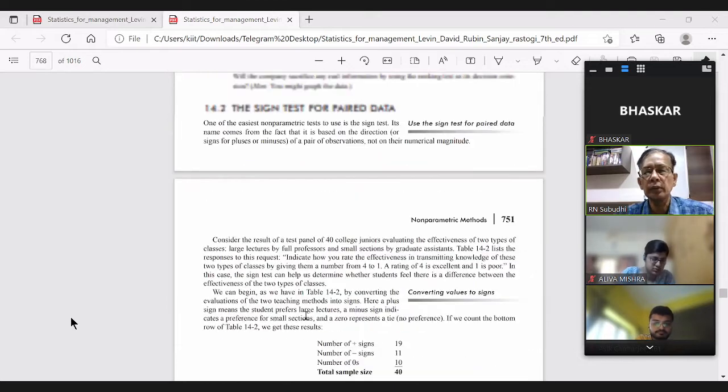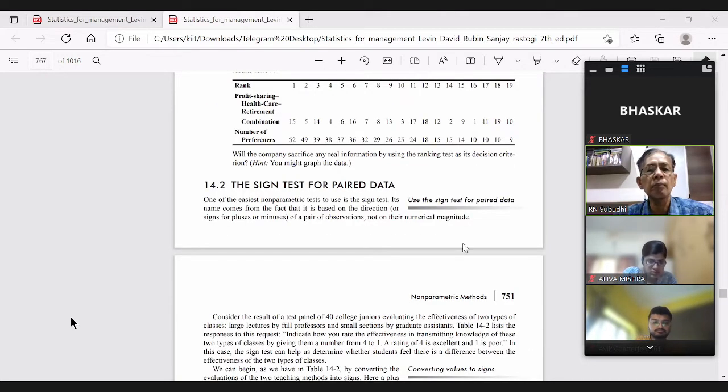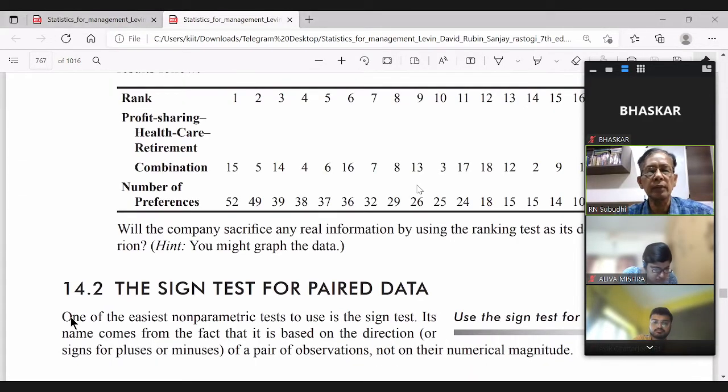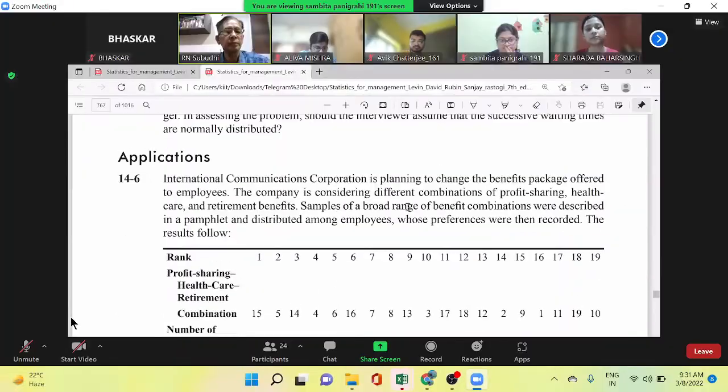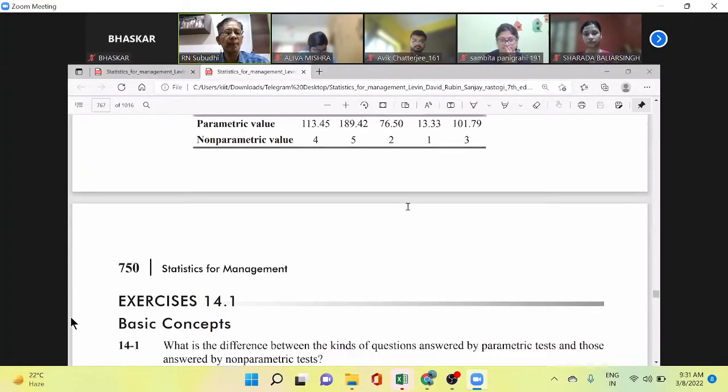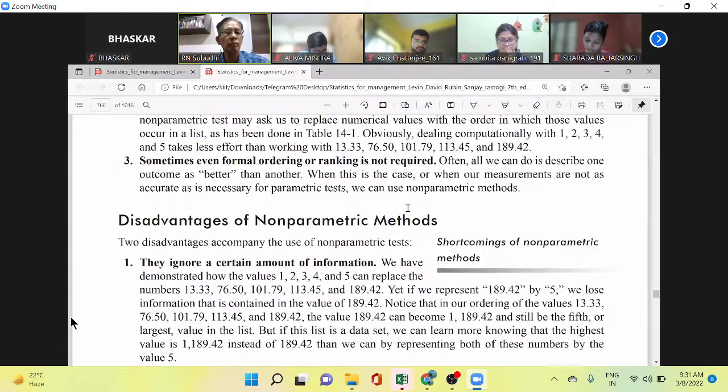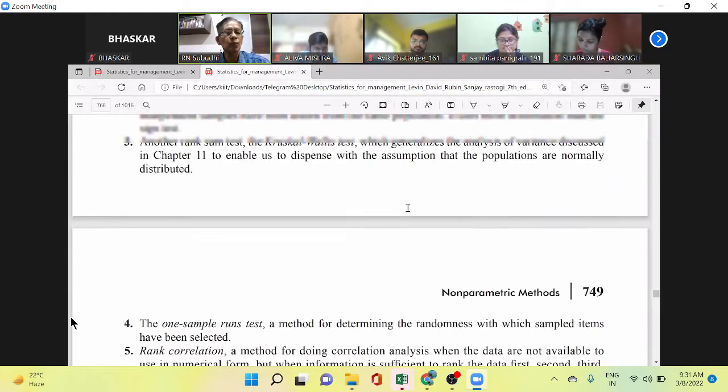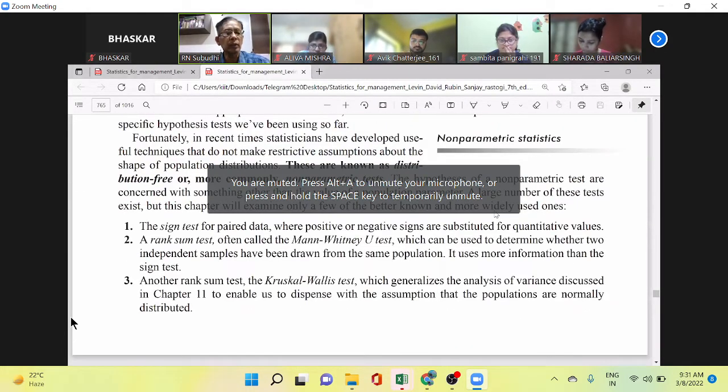Can you enlarge this page size? The plus sign is there, okay good. Page up. In the group it's written 1, 2, 3.